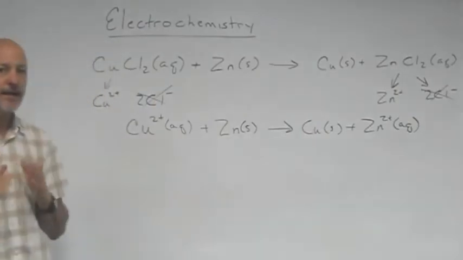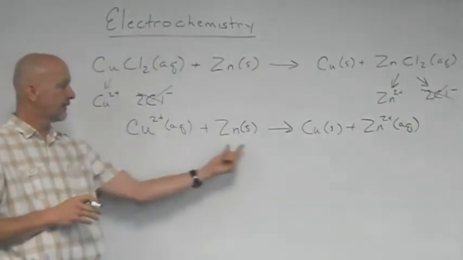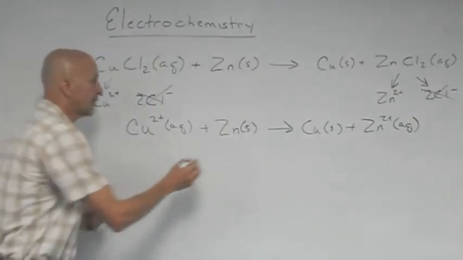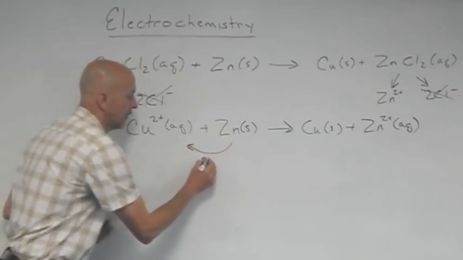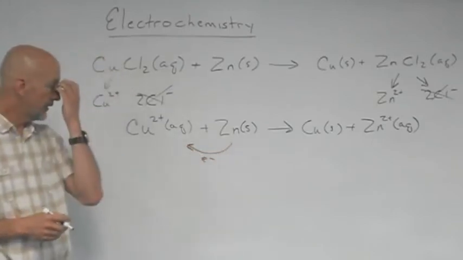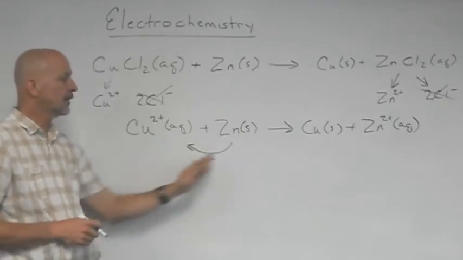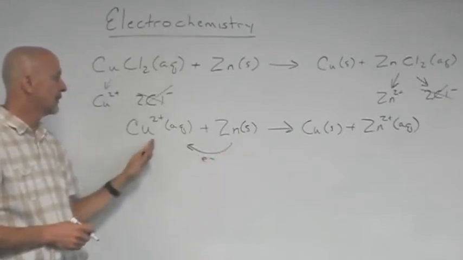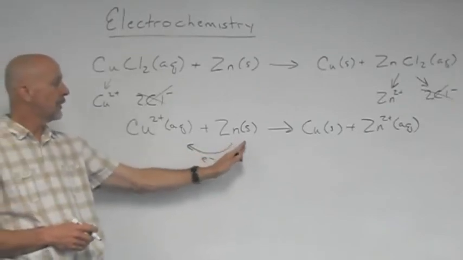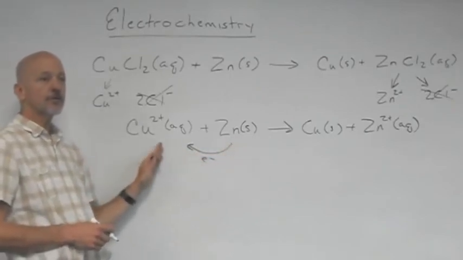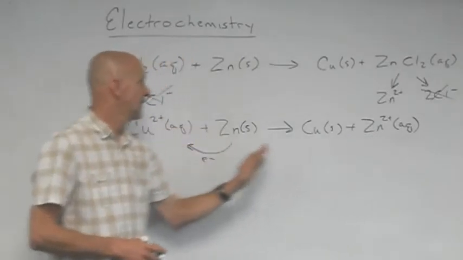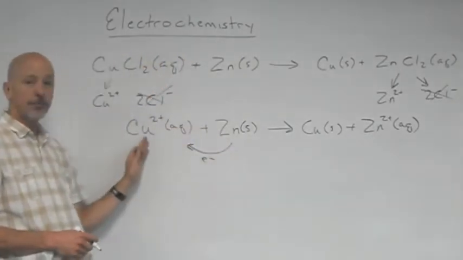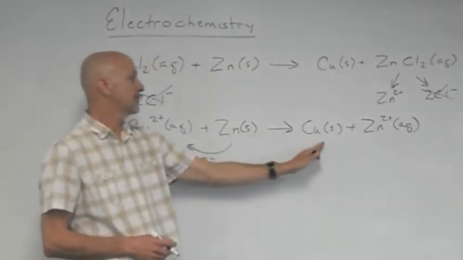So what I really have is a transfer of electrons from zinc to copper. Electrons are going to go this way. This is an electrochemical, we call it an oxidation reduction reaction. A transfer of electrons from zinc to copper. So zinc was neutral, zinc loses electrons, becomes positively charged, and the copper, which was positively charged, becomes neutral.